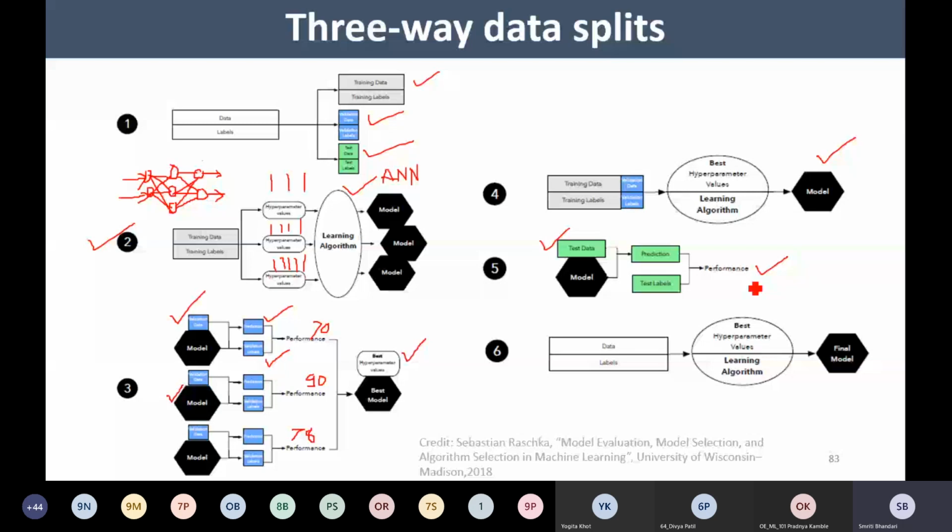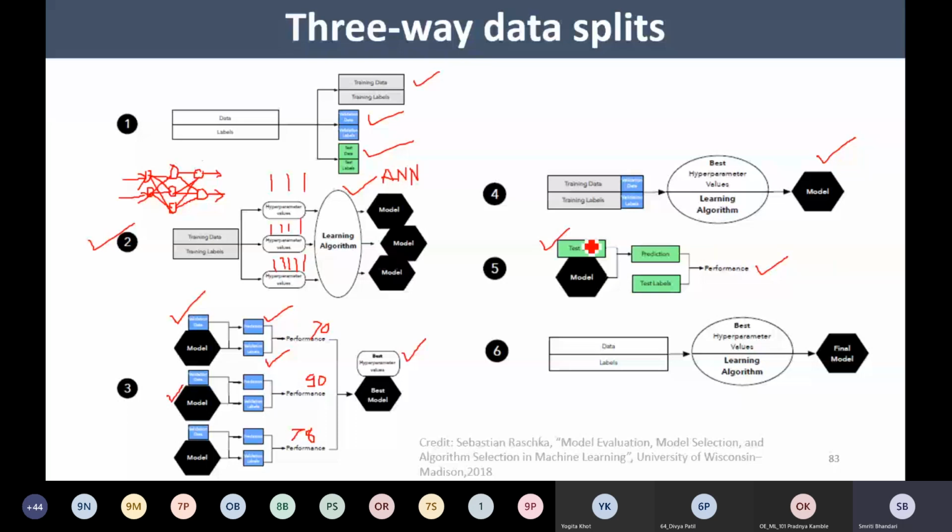So to estimate the generalization performance, I use this test data, which is unseen, totally new data, and my model predicts it and I assess the performance. This performance is usually the generalized performance of my model.